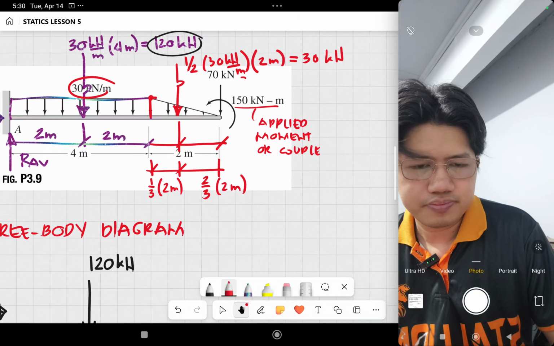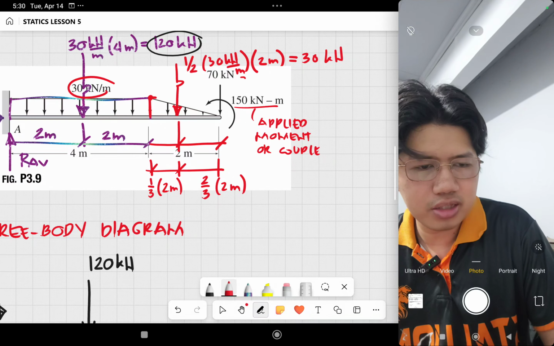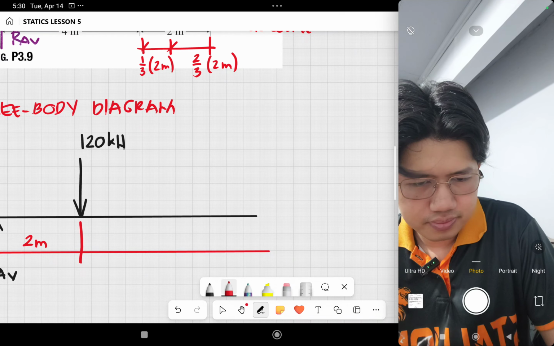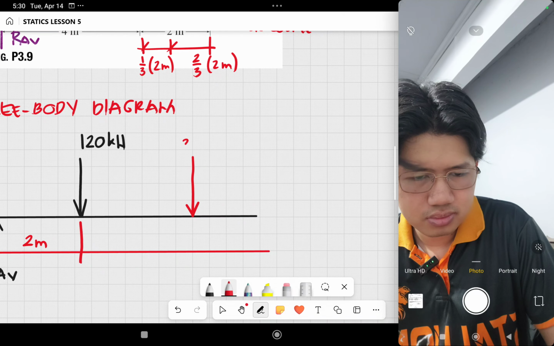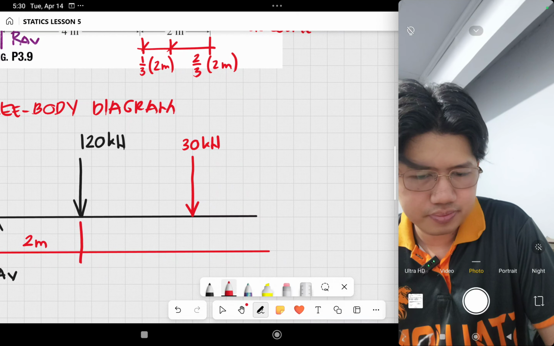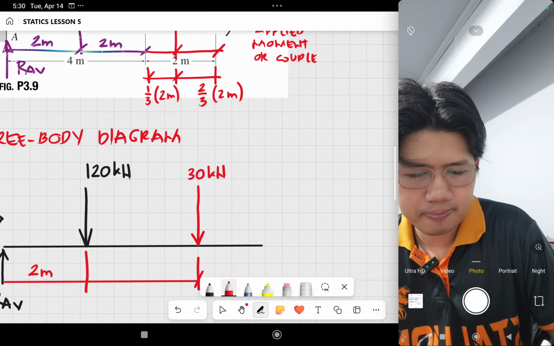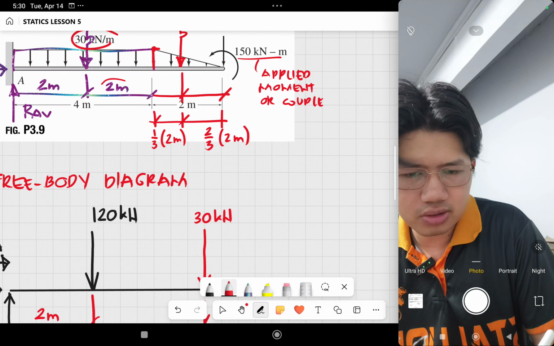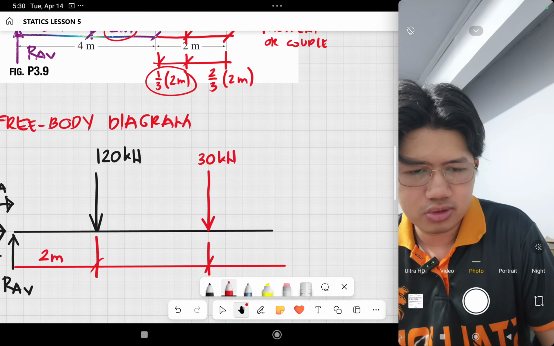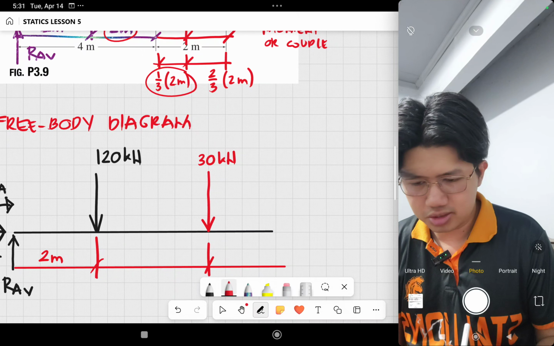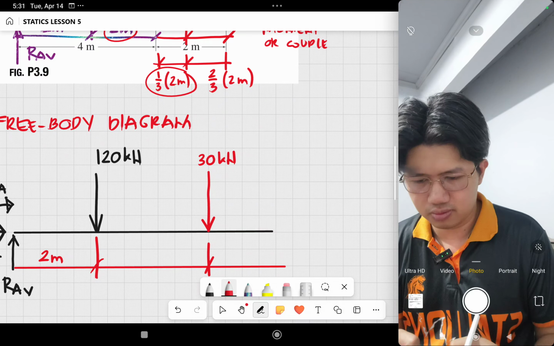And then, from 120 hanggang dun sa 30 kilonewton, that is, so 2 meters na to, plus natin yung distance na to. Yung distance na to is 1/3 of 2, so pag-add lang natin 2 plus 1/3 of 2.